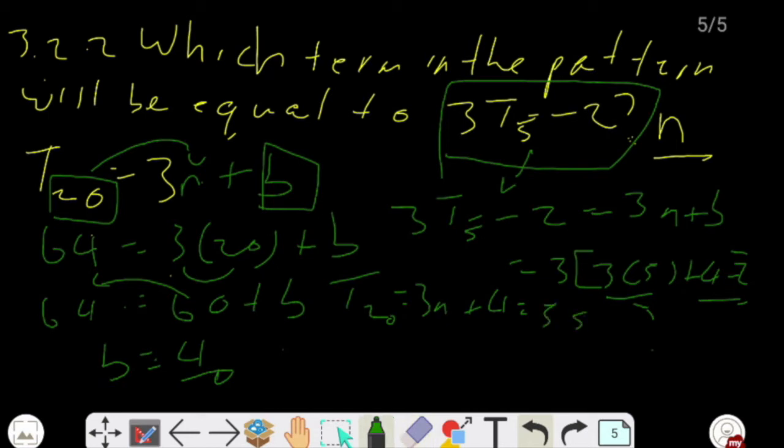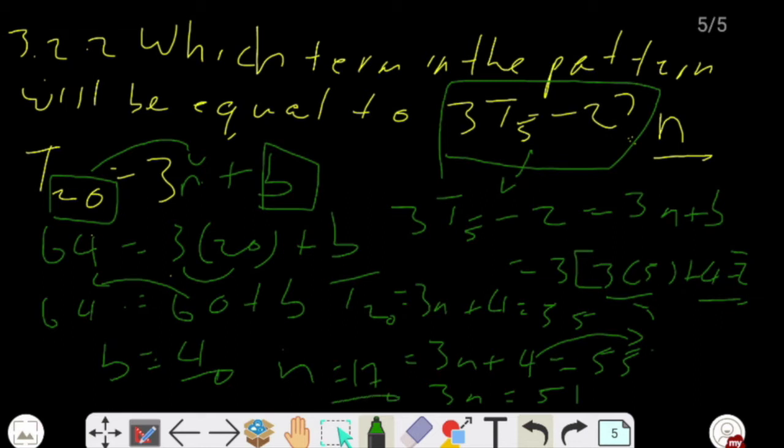Which is 55, and then from here you can see, before I confuse myself, it's 3n plus 4 equals 55, and then you take the 4 to the other side, you are left with 3n equals 55 minus 4 is 51, and then you divide by 3, and then your n should give you 17. Your n should give you 17.